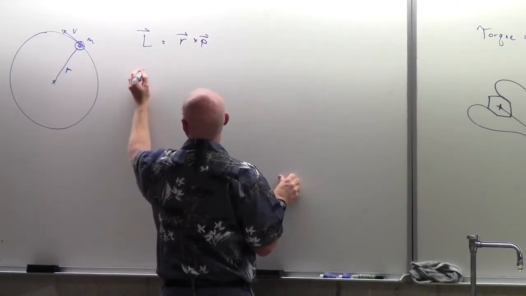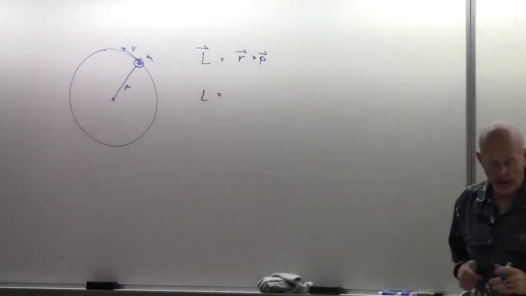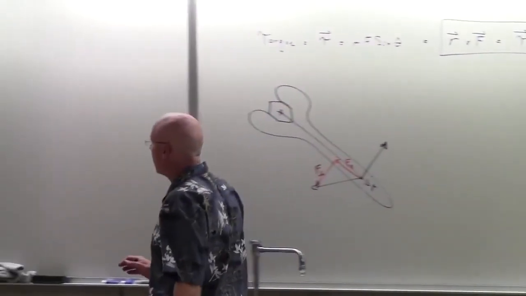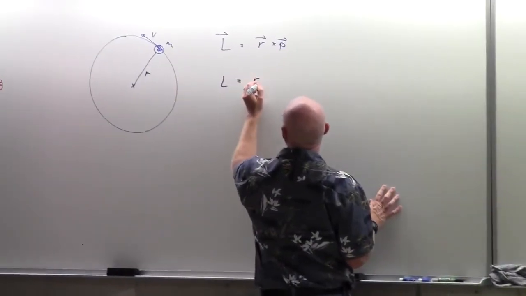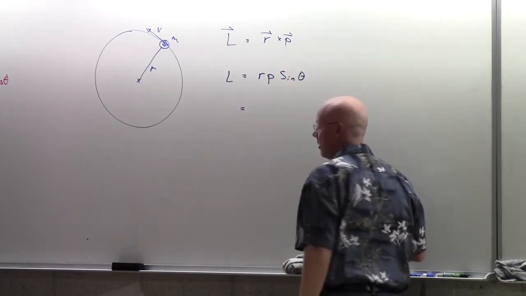Maybe the first thing I would do is, let's just solve for magnitude. Remember, when we do a cross product, there's two pieces now, right? There is the magnitude of the vector, and then there is the direction of the vector. All right, let's just do magnitude. So this would be r times p times the sine of the angle between r and p.